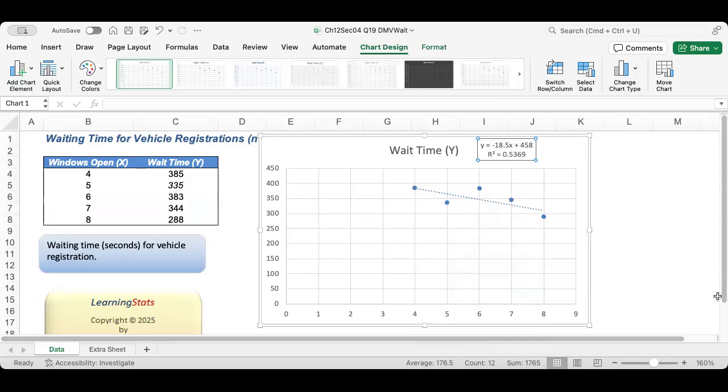Okay. What does this mean? What does that R squared value mean?